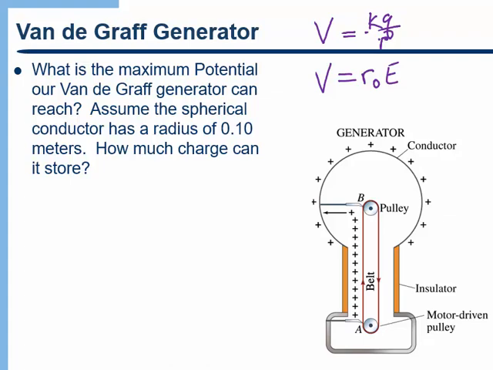So to figure out what is the maximum electric potential that our Van de Graaff can get to, we just need to put in the radius and that breakdown electric field.